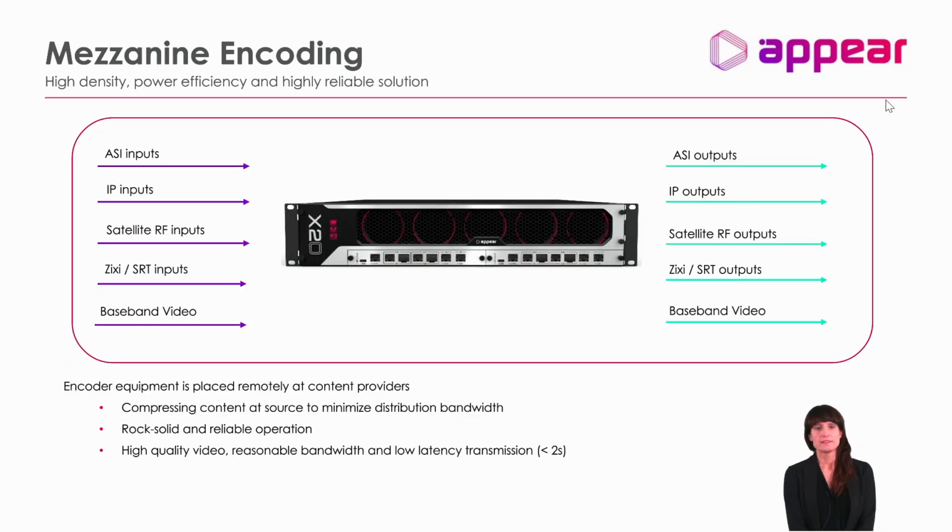Yeah, and mezzanine encoding is where you put the equipment at the content provider's place, and there you have to be sure that it's reliable, and also this high density is a very good fit for remote production. And for mezzanine encoding, all of our input modules can be fit in, depending on your need.